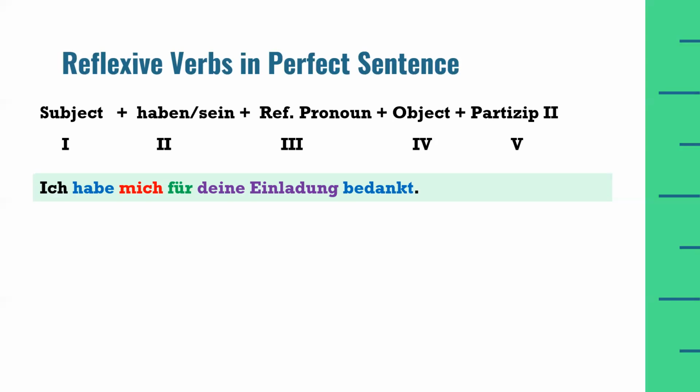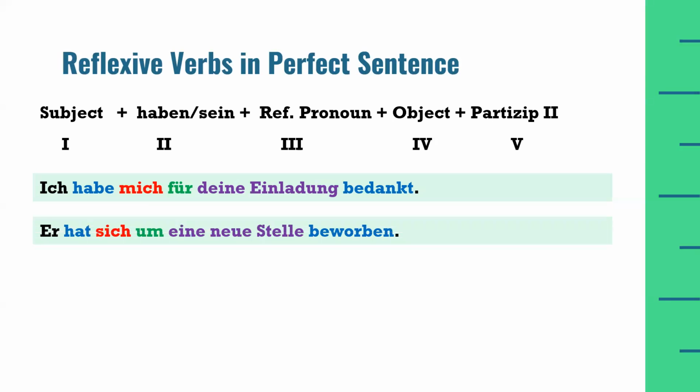And again, the same rule, because für is an accusative preposition and Einladung is a feminine noun, we have to use the possessive pronoun ending for a feminine noun in the accusative case. So dein will become deine. And the participe zwei form will come at the last position of the sentence. The participe zwei form of bedanken is bedankt.